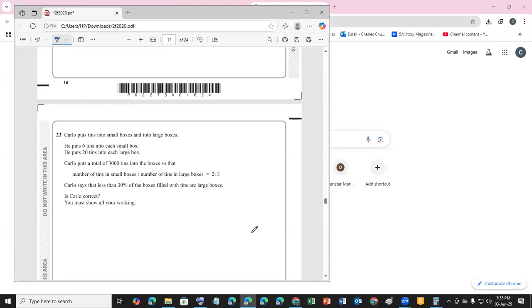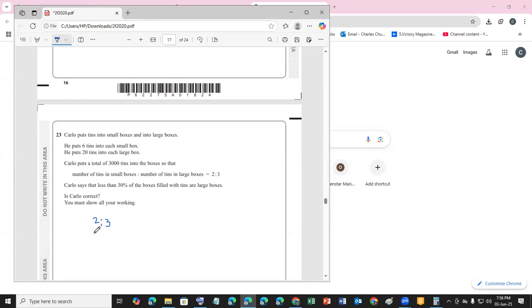So, how do we verify this? This one looks a bit tricky. But okay, there's no problem. Less than 30%. Okay, so take a look at this, right? 2:3. So let's establish the number. He puts a total of 3,000 things into the boxes, right?